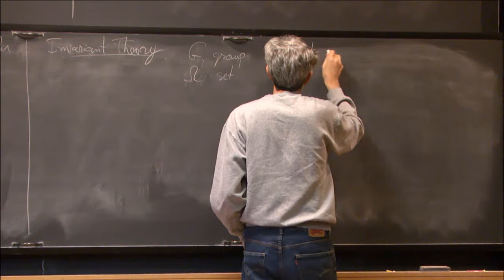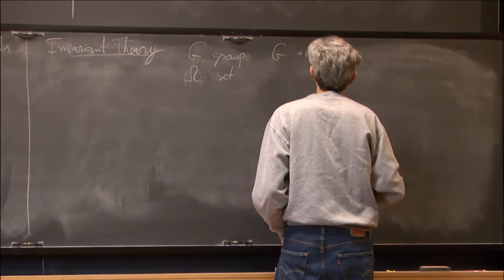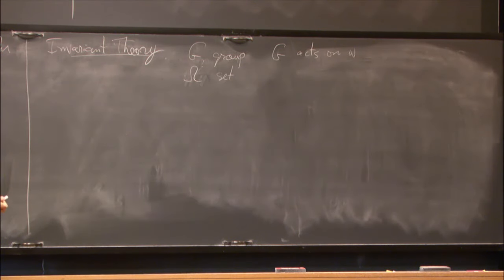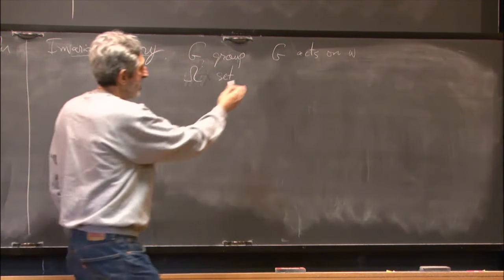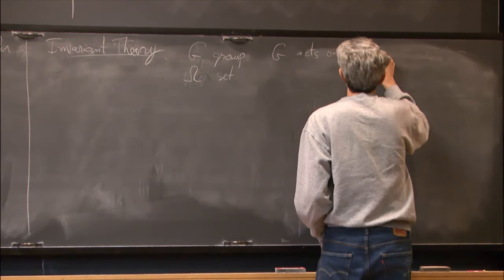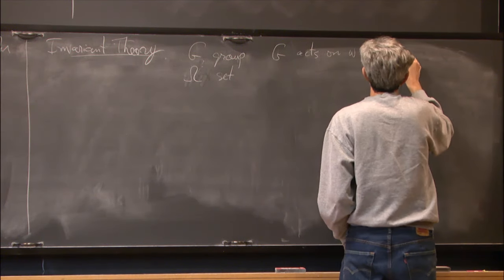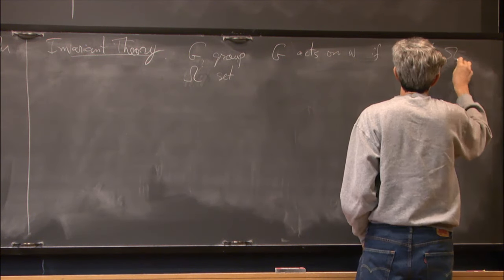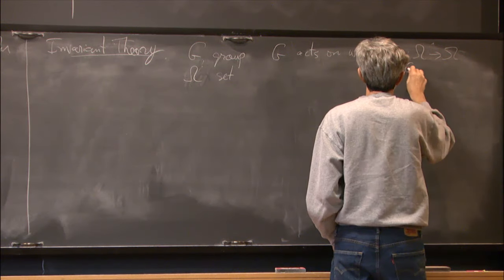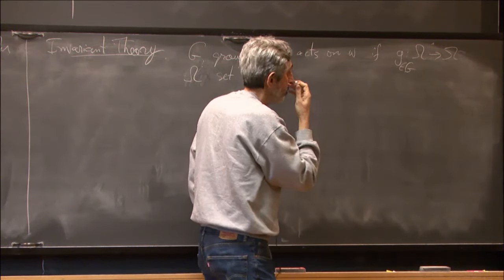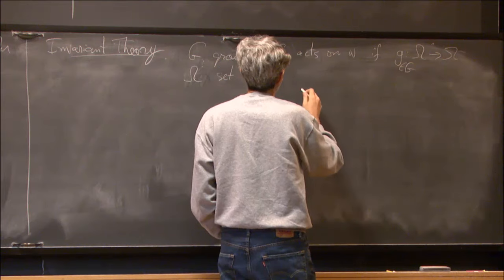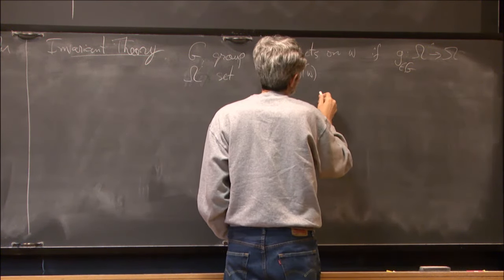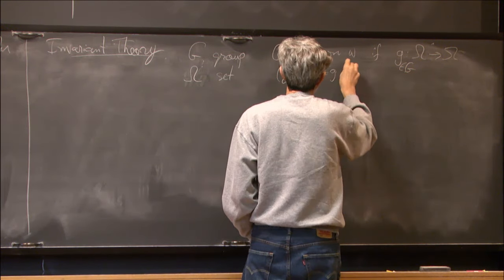G acting on omega just means the group action: for every g in G, g maps elements of omega to omega, and it commutes with the group multiplication, gh of any element of omega, e.g.